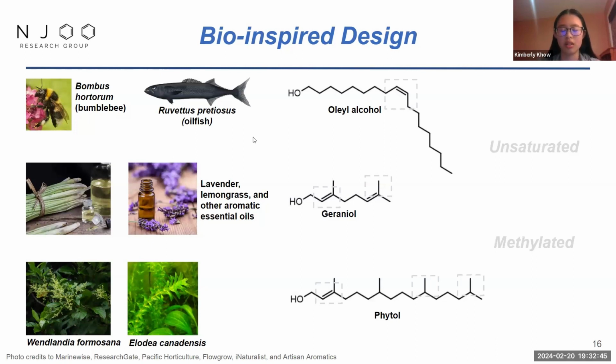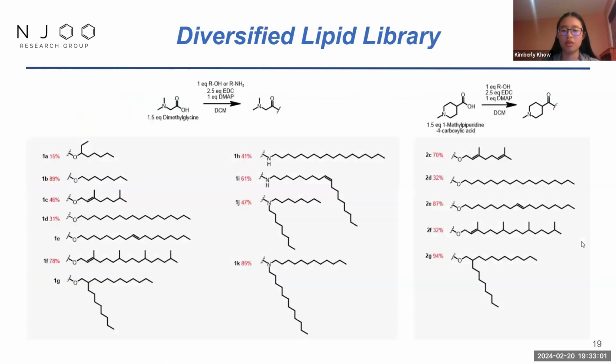There are lots of lipids present in nature, ranging from sources like bumblebees to aquatic plants. And some examples of these lipids, like oleoyl alcohol and phytol, include, again, unsaturated portions, but also some methylated sections. So if we were to bring this all together and summarize, we, one, included our polar ionizable heads through the dimethylglycine 1-methylpiperidine core.